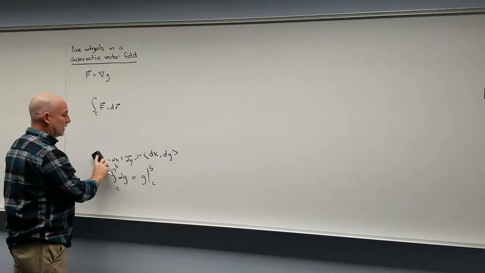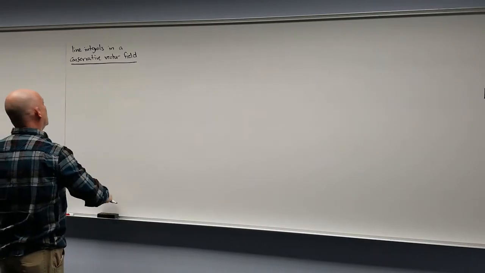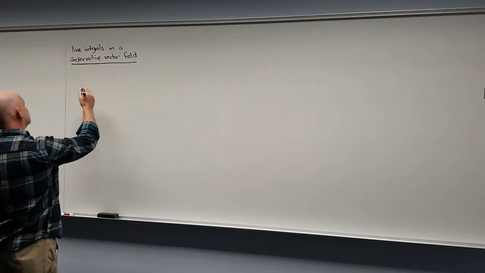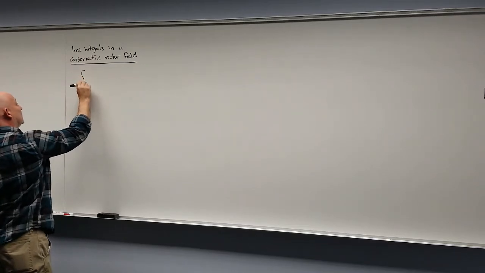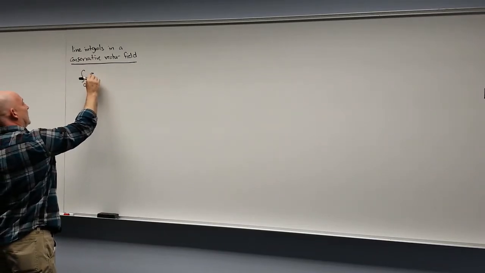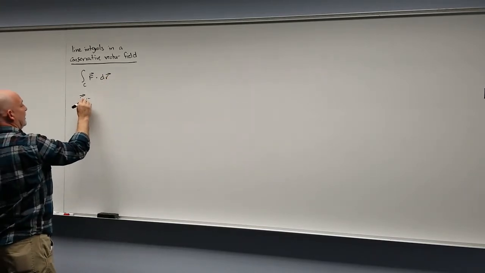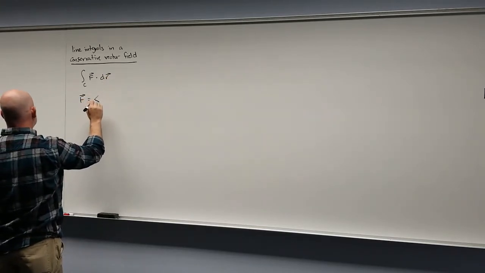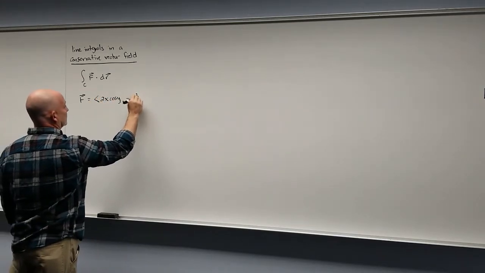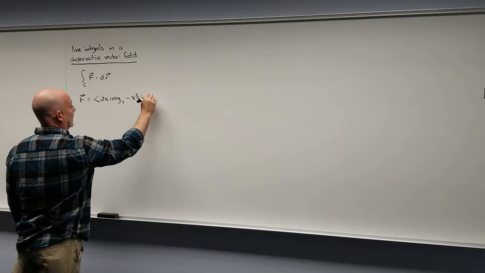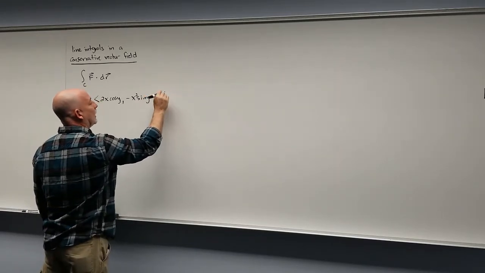All right, let's take a look at an example of this real quick, and we're going to see why this can be so important. So let's say that I tell you to do the integral of f dot dr. I give you f here as 2x cosine y, negative x squared sine y plus 2y.